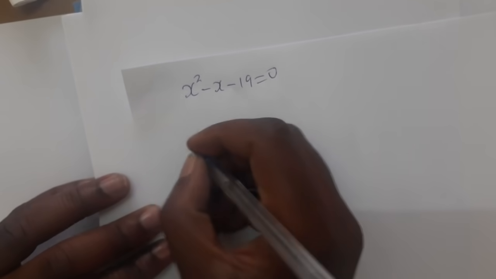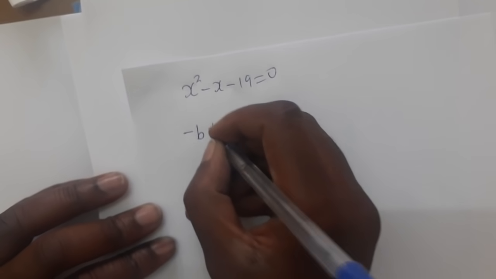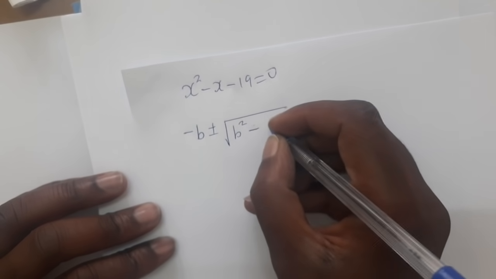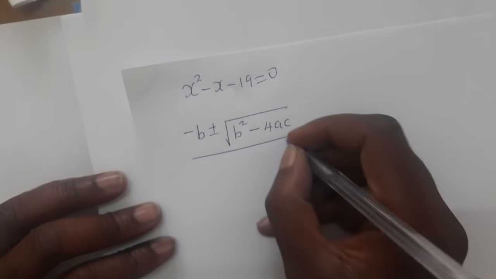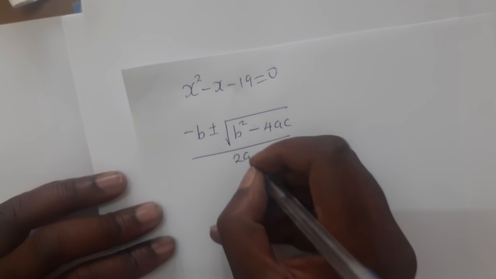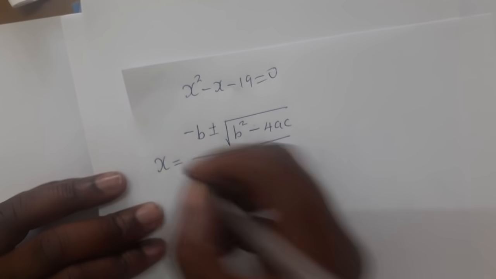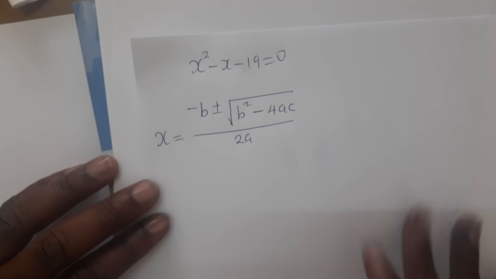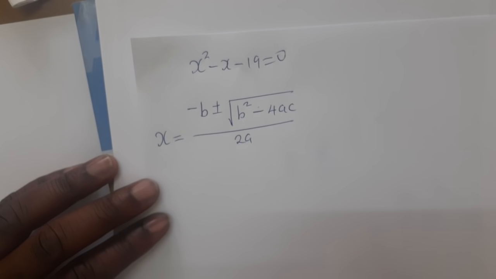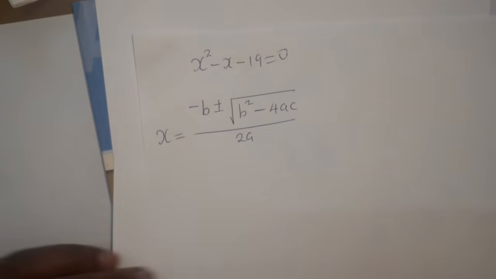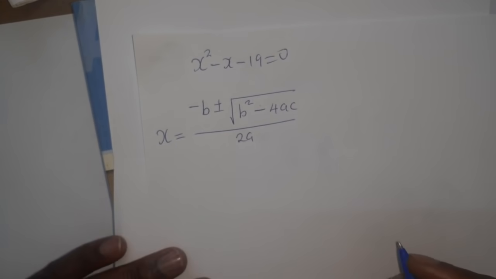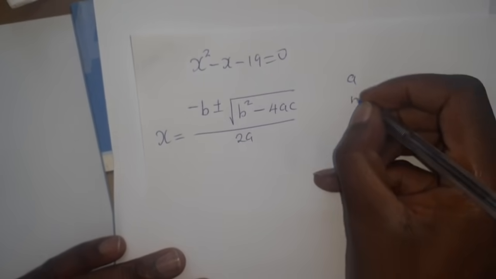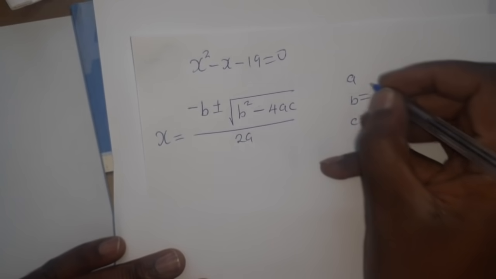So we are using the formula x is equals to minus b plus or minus the square root of b squared minus 4ac, over 2a. Okay? So now what we are supposed to do here is we need to make sure that we identify from the equation which one is our A, which one is our B, which one is our C. Okay?